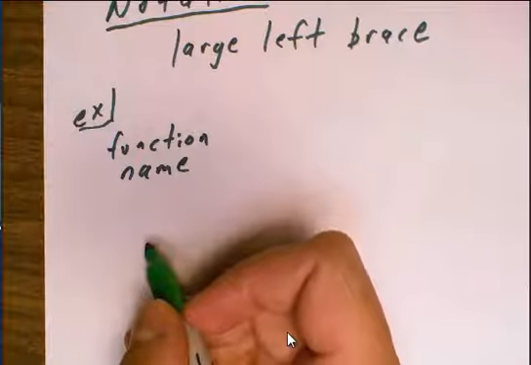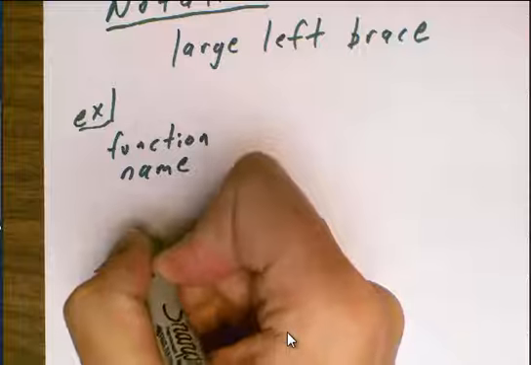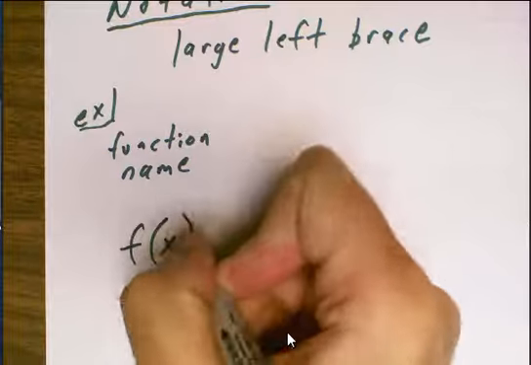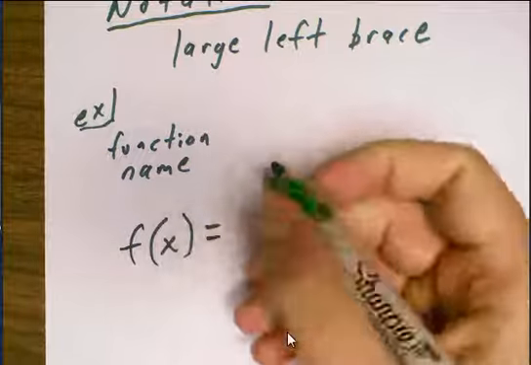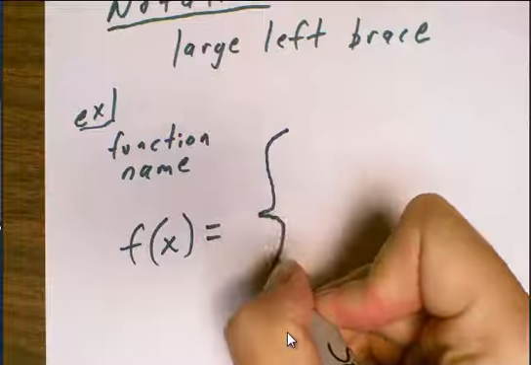We can pretty much use those interchangeably. What do you want to use, y or f of x? Use f of x. All right, I will use f of x. So we'll call it f of x, we write it like that, equals, and then we've got this large left brace. Is that a good brace?